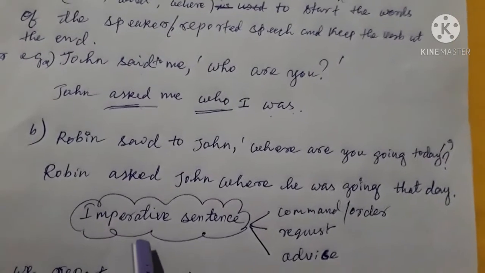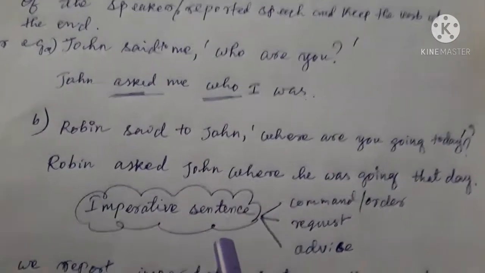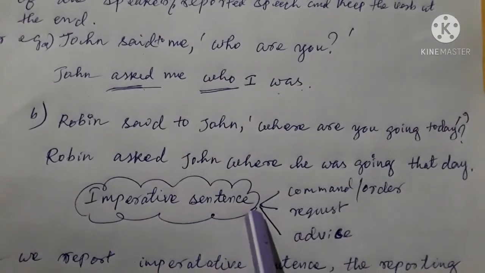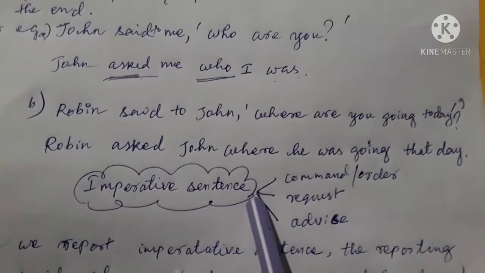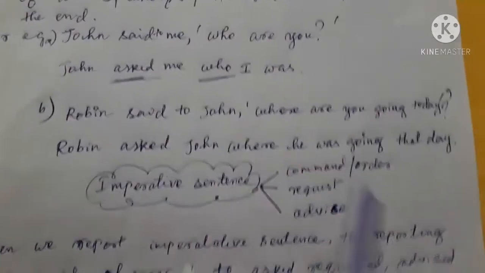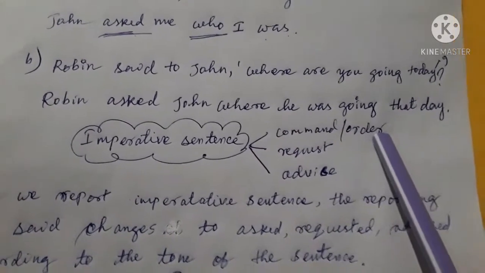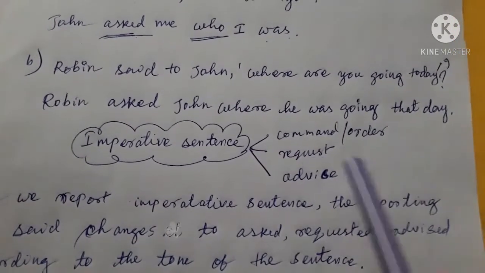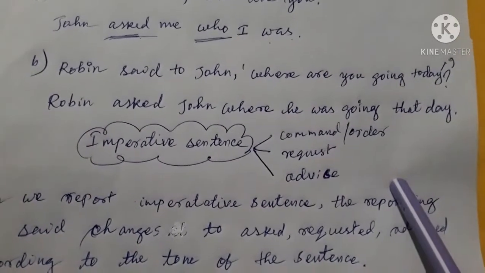Let us see the third type of sentence, that is imperative sentence. So what is an imperative sentence? An imperative sentence is used for command or order, for request, and for advice.